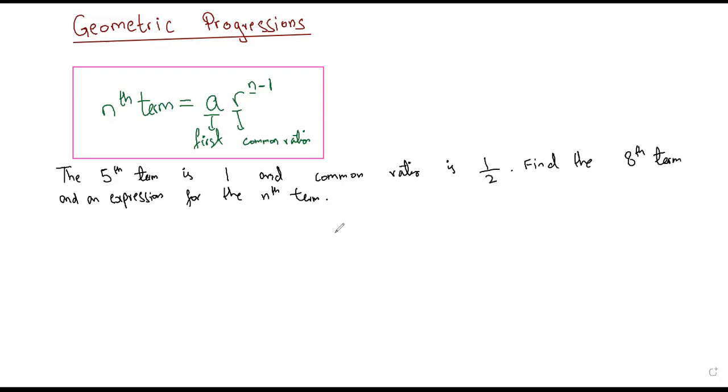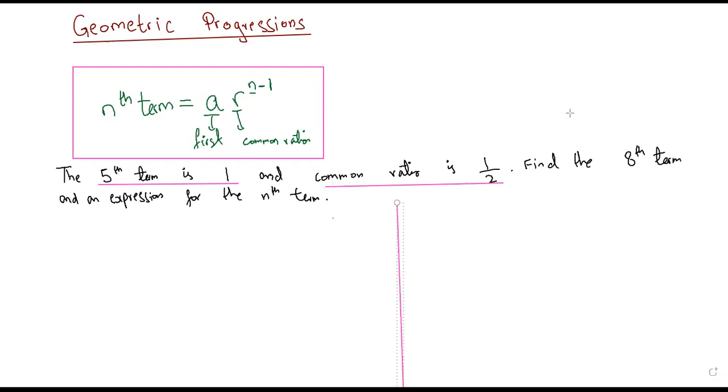Find the eighth term and an expression for the nth term. So I have two pieces of information. Fifth term is 1. Common ratio is 1 by 2. That is good. I need to find the eighth term and an expression for the nth term. Okay, I'll tell you how to do it now.